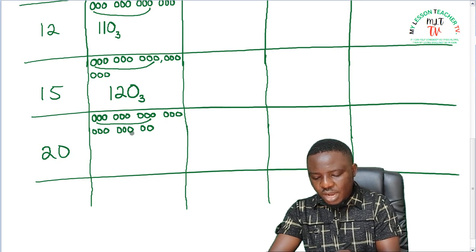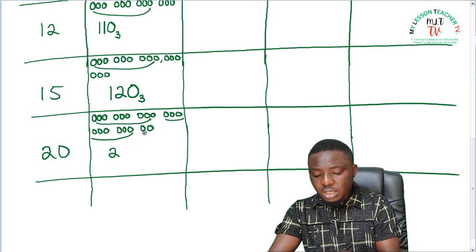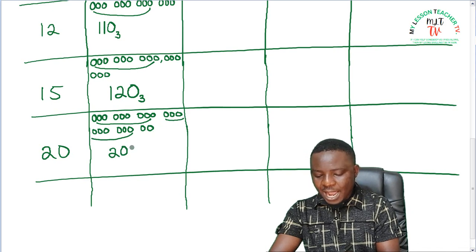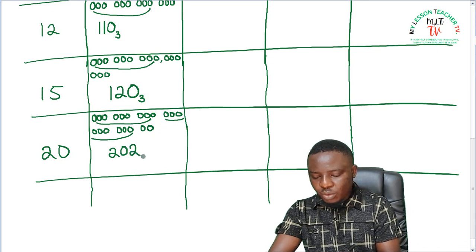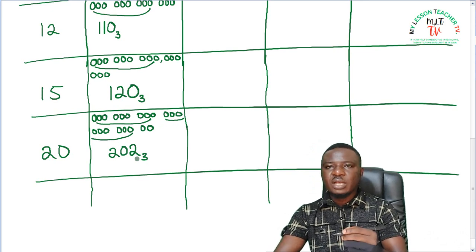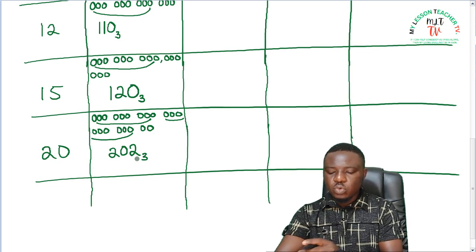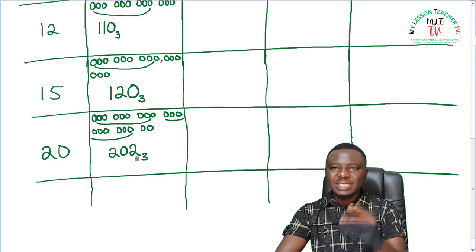We also have another set, which is 2. So we now have 2 groups of 3s, 0 groups of 3s, and 2 remainder, which is said to be in base 3. So this is how you can convert numbers from base 10 to base 3 using the tally system.